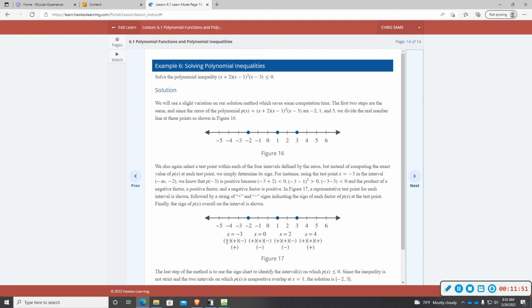So that's why they're putting a negative here. If I plug a -5 here, -5 minus 1 is -6. However, this parenthesis is squared, so it doesn't matter what you get here. When you square something, it is always positive, and that's why you're seeing a positive here.